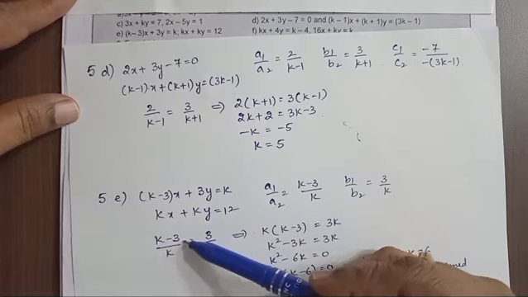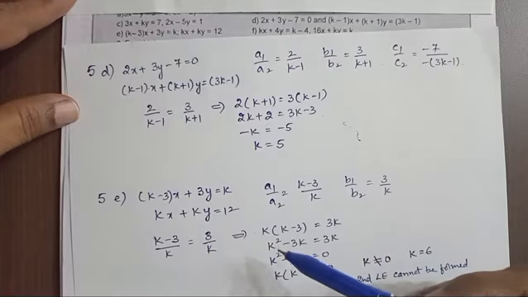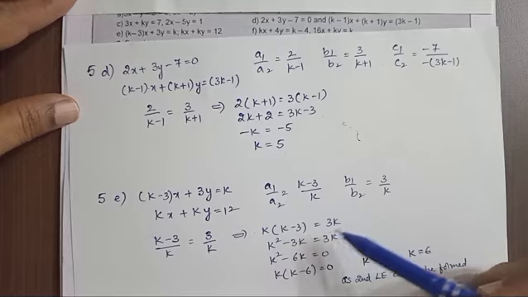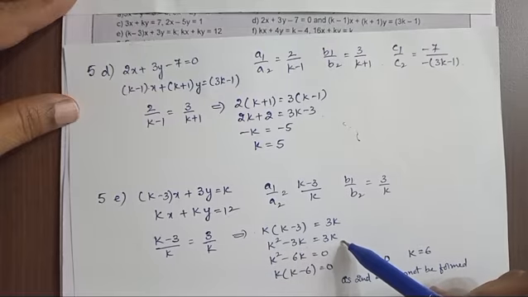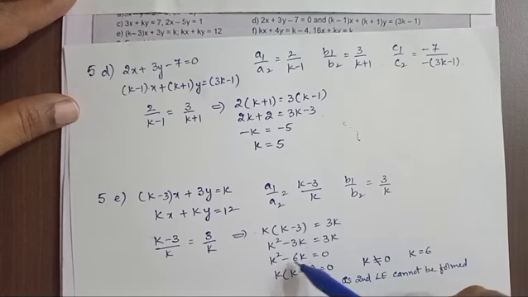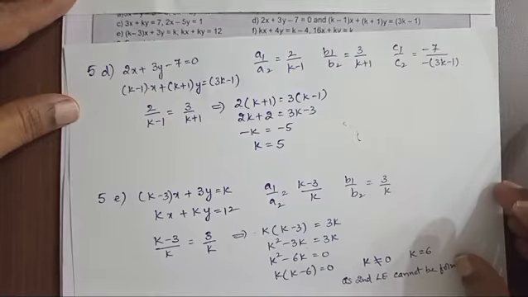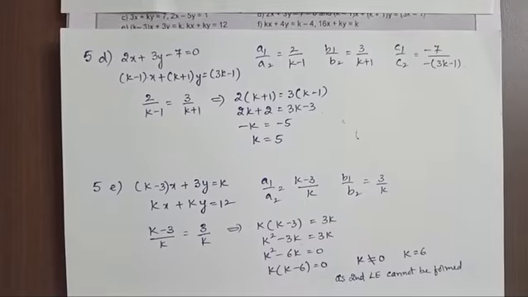I get k minus 3 by k is equal to 3 by k. Cross multiplying, I get k into (k minus 3) is equal to 3k. k square minus 3k is equal to 3k. Let me bring this 3k onto the other side. I get k square minus 6k is equal to 0. Let me take k as common. I get k into (k minus 6) is equal to 0.